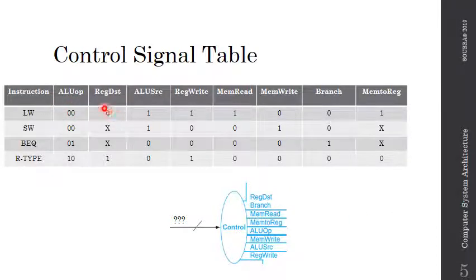Do we have the mux that will let us know the register destination, which one should we choose from the inputs? Well, we're going to put it to 0, so we're going to toggle it off, and this would be the first input of the mux. Again, reference back to the previous slide where we have the data path, and we're going to see it on the very next slide as well, because I'm going to include this one.